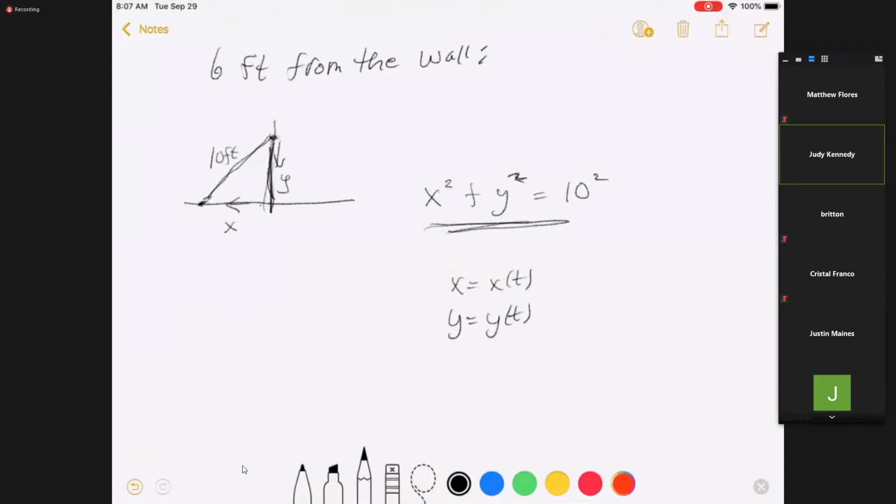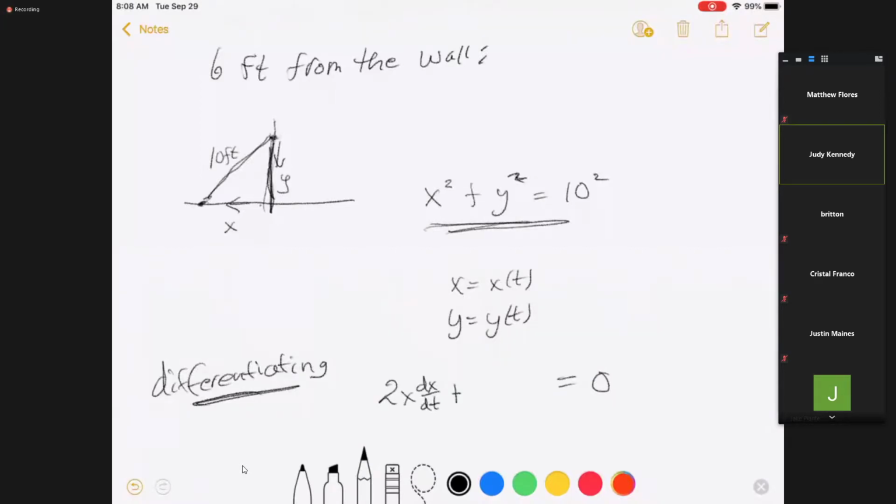So the derivative of 10 squared is 0. I'm differentiating now. And the derivative of x squared, x is a function of t. It's not just a plain old variable. So I have to use the chain rule. The derivative of x squared is 2x dx/dt.